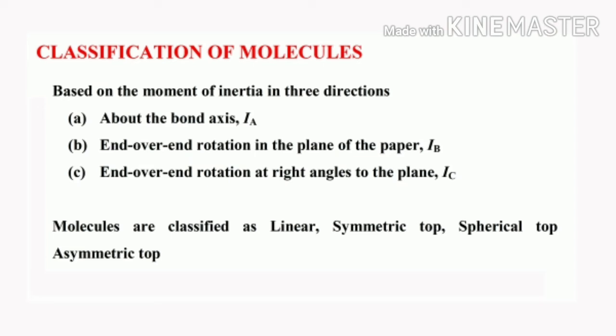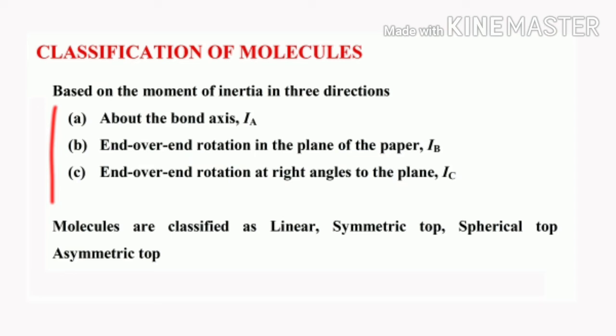Based on the moment of inertia in three directions, or you can say in three coordinate axes, which are about the bond axis, that is the internuclear axis or x-axis, and the moment of inertia is denoted by IA.